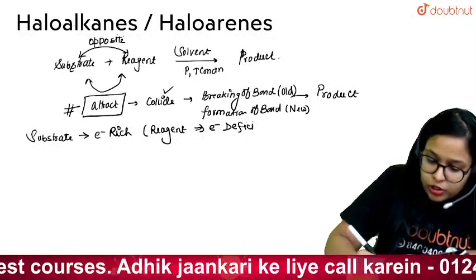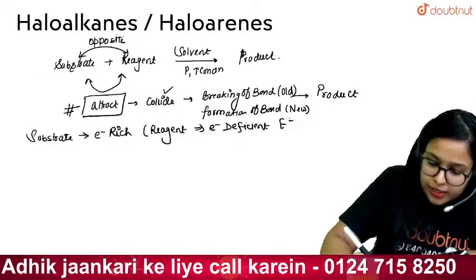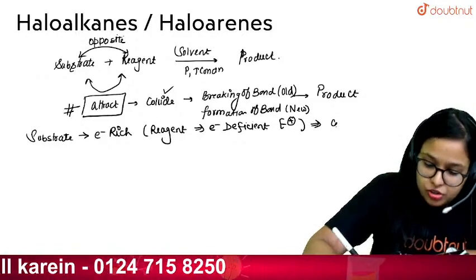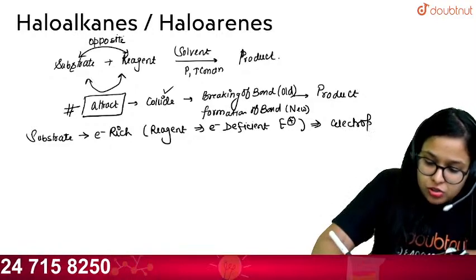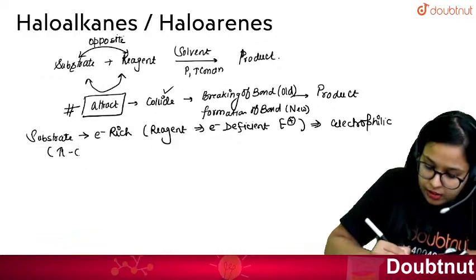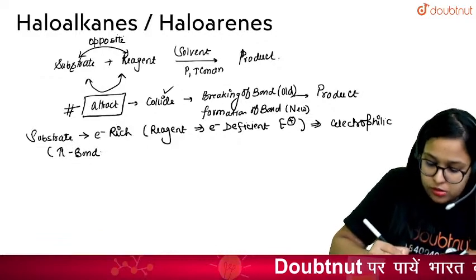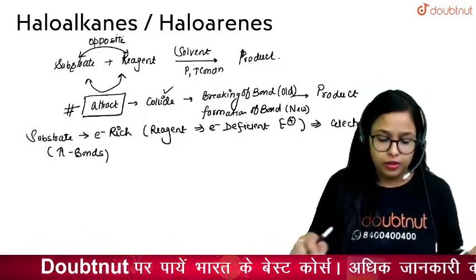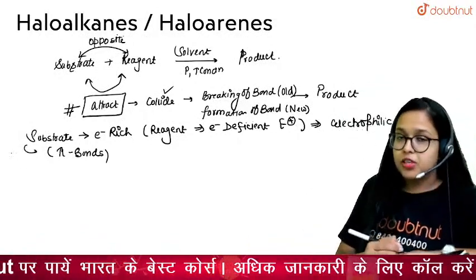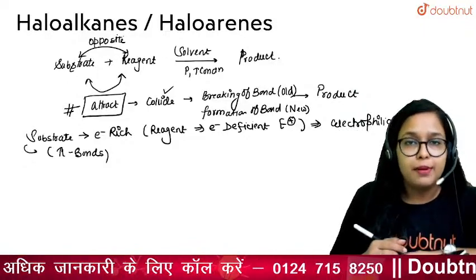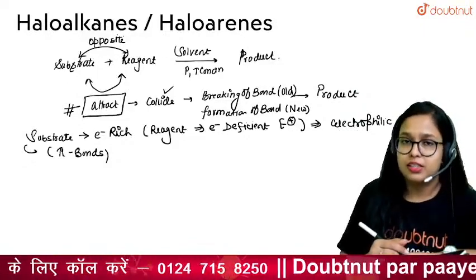As I told you, an electron deficient reagent is known as an electrophile, and whenever an electrophile participates in a chemical reaction, it shows electrophilic reactions. Electron rich substrates were your pi bond containing molecules, for example benzene, naphthalene, pyrrole, pyridine, and so on. They have excess pi bonds, because pi bonds have loosely held pi electrons, and hence we say the substrate is electron rich.